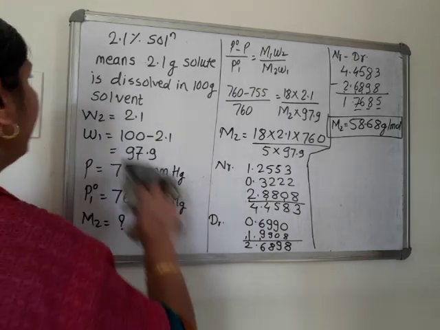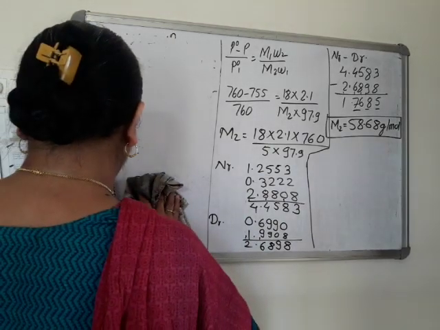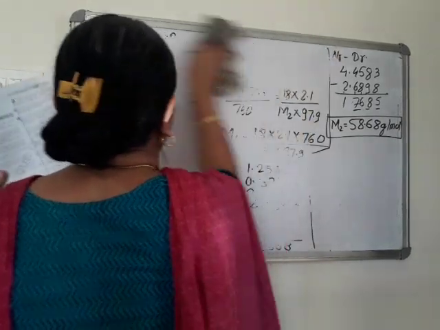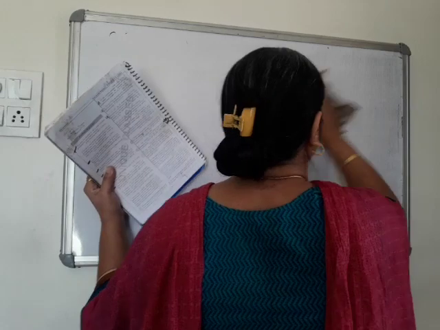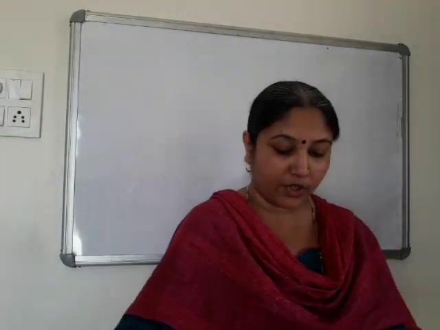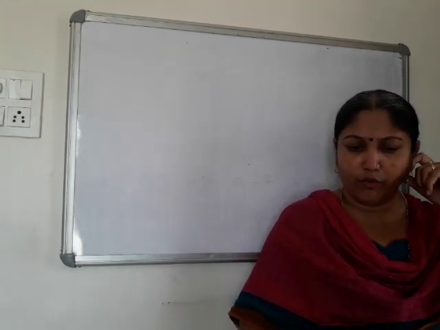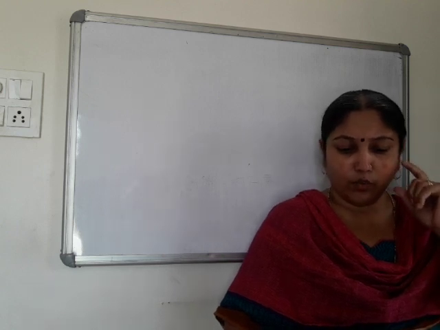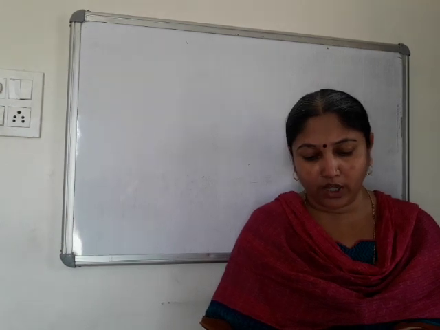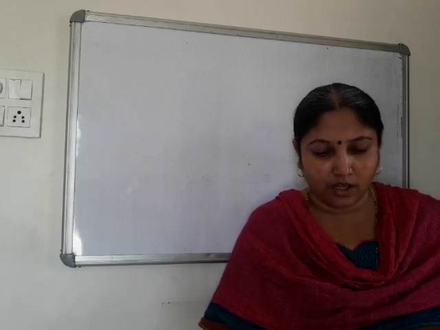The relative lowering of vapor pressure produced by dissolving 0.072 kg of a substance in 1 kg of water is 7.15 into 10 raised to minus 3.